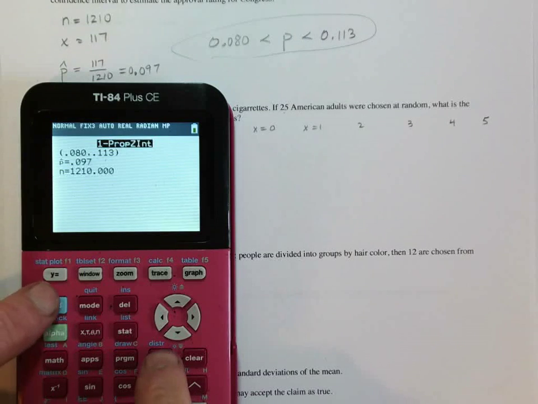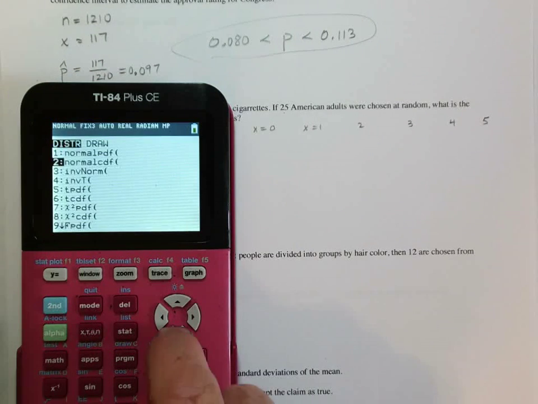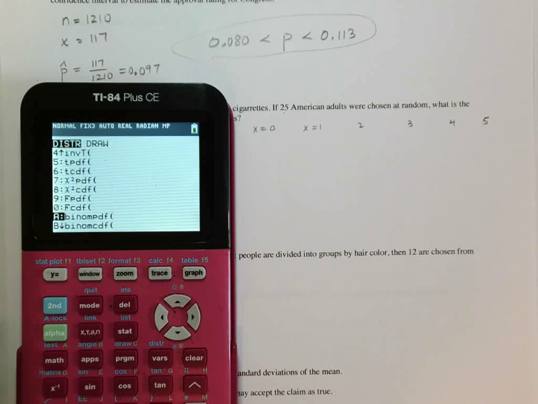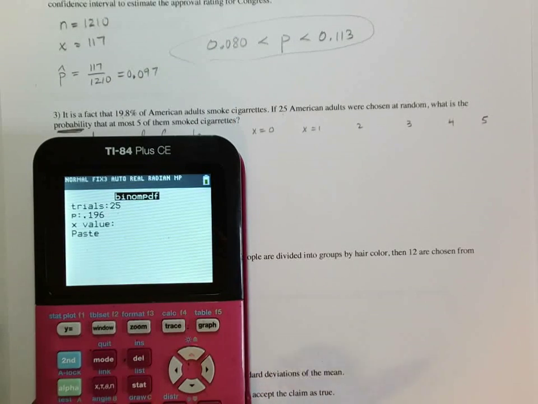So you go to second distributions and then scroll down to the binomial probability distribution formula. The number of trials was 25 people, 0.198 of them smoke, and then for the X value, start at 0.